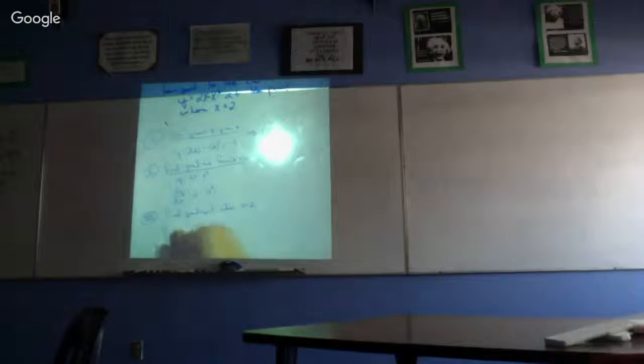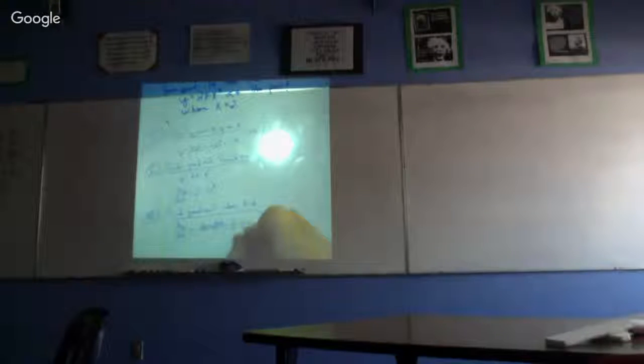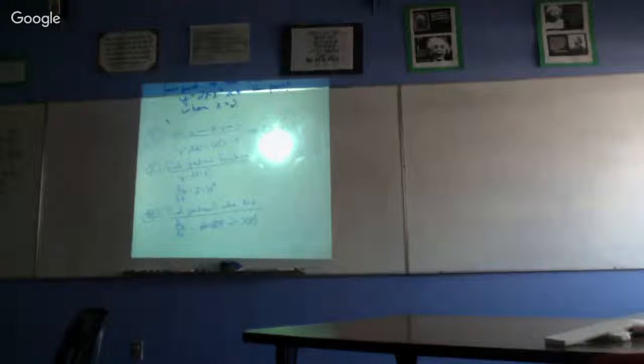Same one. Now what I do is I come back here, and my dy dx is going to be 2 minus 3 times 2 squared. So now when we evaluate this, we get a value of -10.